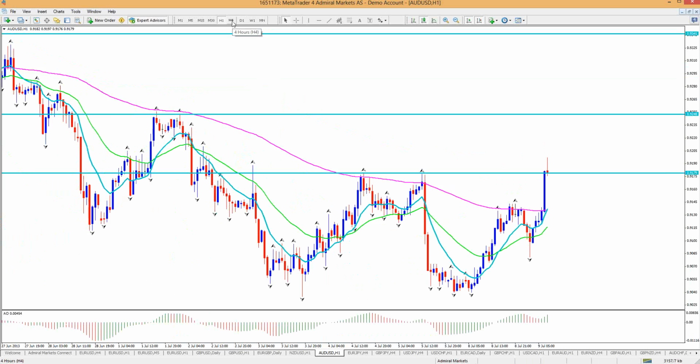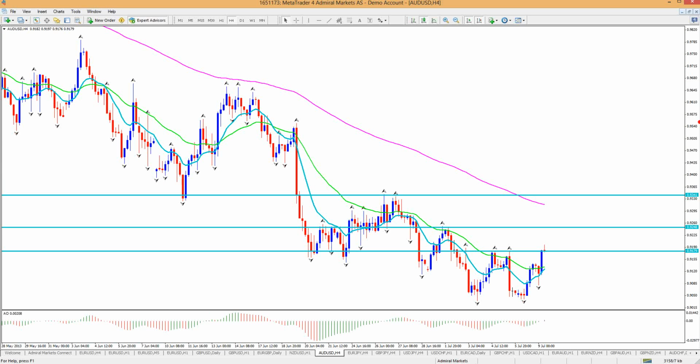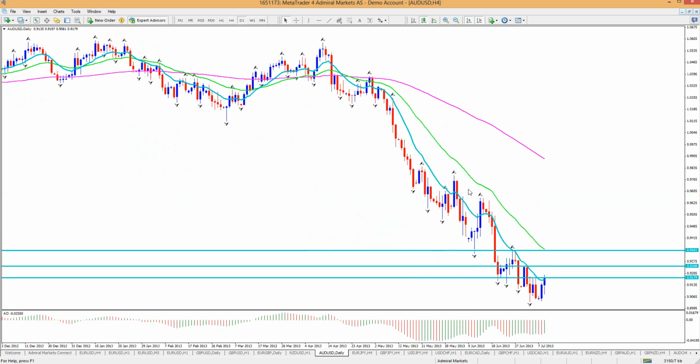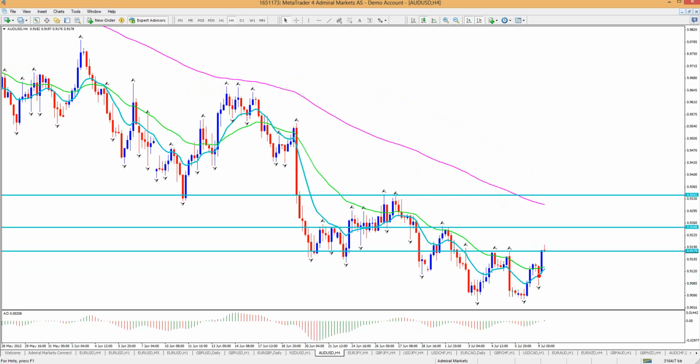That would be cool, because here too, we're definitely in a downtrend. No doubt about that. You can see the day chart, right? As I said, the price was underneath the 12 EMA. We're just back at the 12 EMA. If you look at the 4-hour chart, we've stayed under these green and blue ones many times.